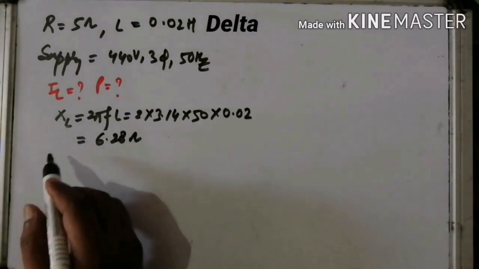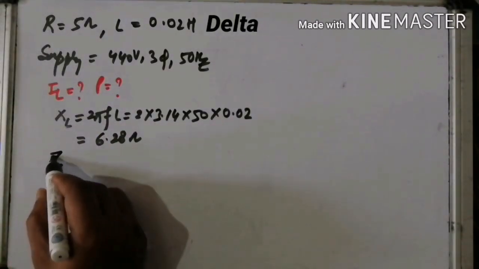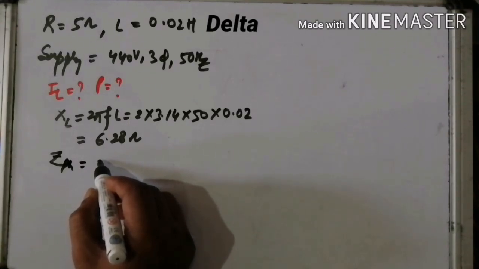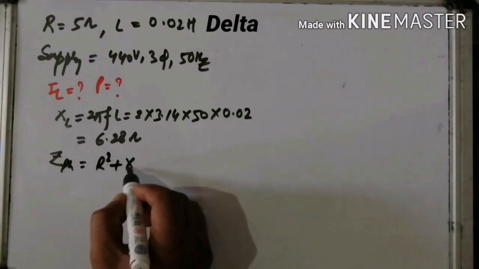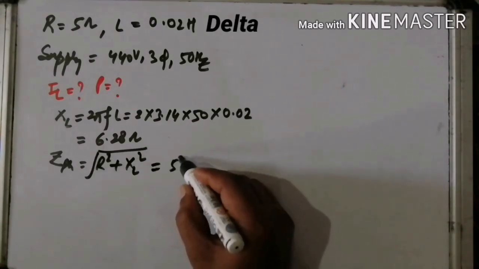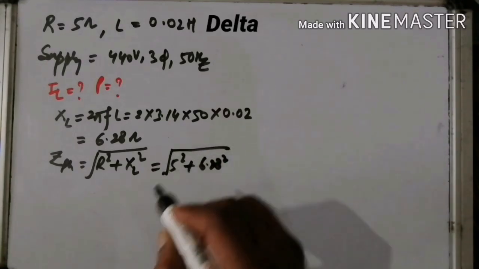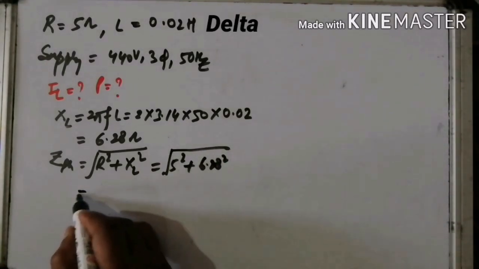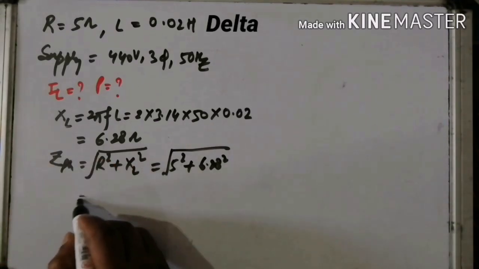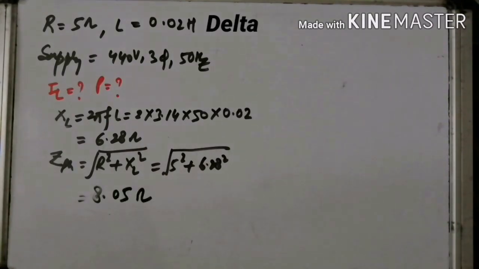Okay, with the help of XL and R we can calculate impedance per phase. According to this formula, it is square root of 5 square plus 6.28 square, it is 8.05 ohm.